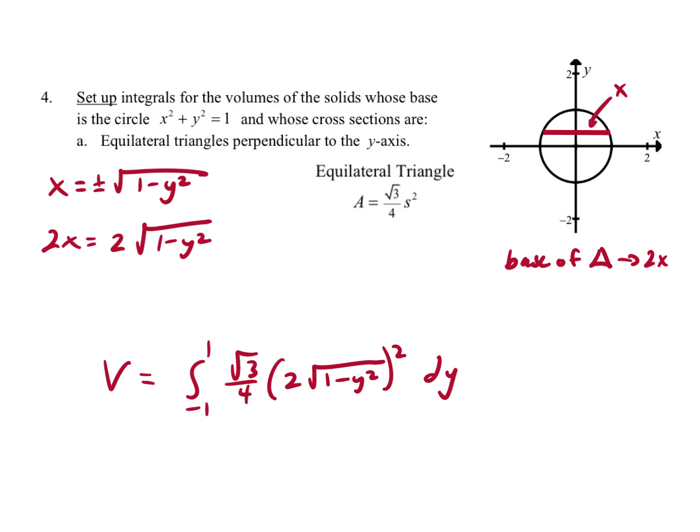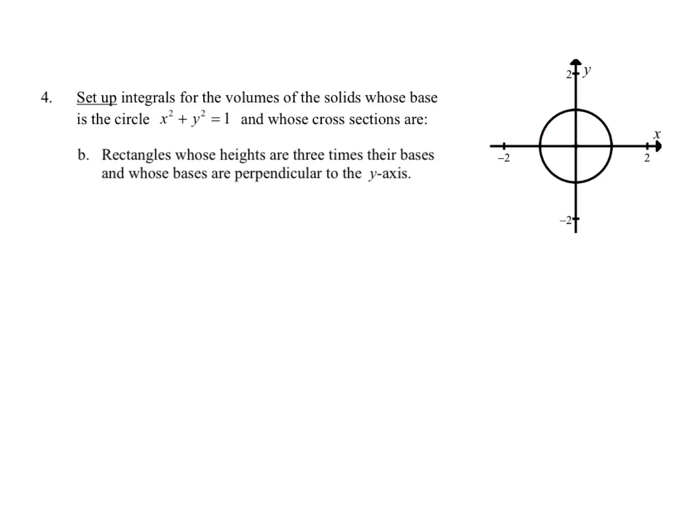All right, let's look at part B for that problem. Part B says rectangles. Again, we're still perpendicular to the y-axis, so the only thing that's going to change is the formula that we use. Rectangles whose heights are 3 times their bases and whose bases are perpendicular to the y-axis.